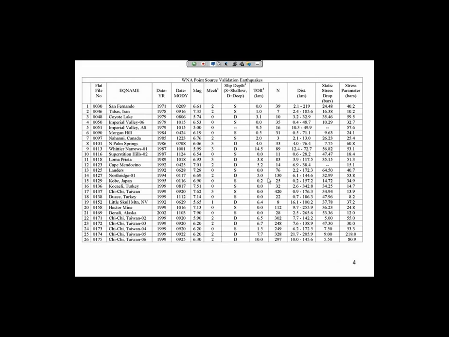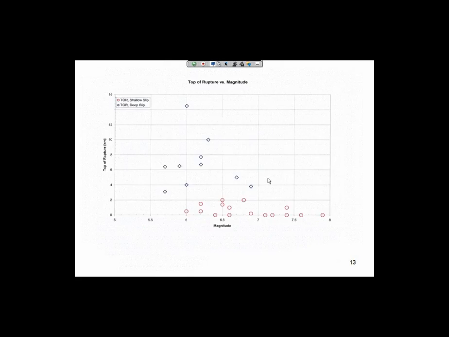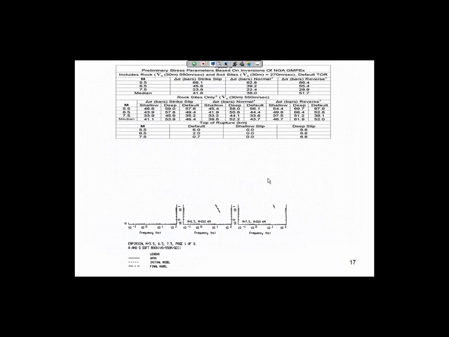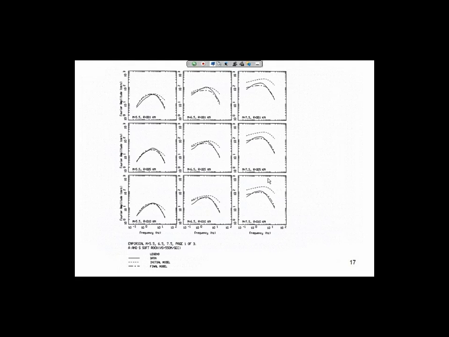Right. Well, in the forward modeling, in this example, the parameters magnitude is fixed, distance is fixed, and we run 3 different types of depths. The only parameters that we are inverting for are stress parameter and Kappa, and usually we fix the Q model.